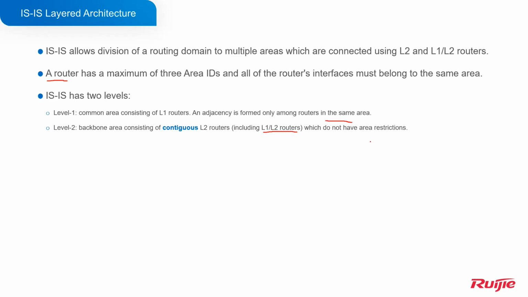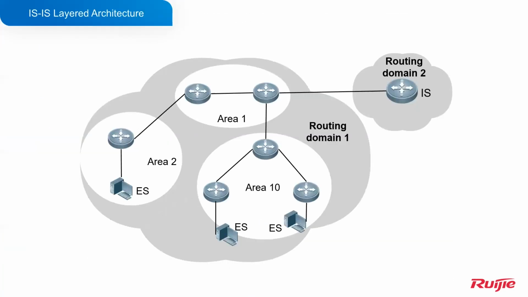So if you know the layer architecture, come back to the ISIS structure. For example, you already have routers, right? And all the routers we call IS, but now we give different levels to routers, like this router. If your router connects with different areas, this router must be level 2 or maybe level 1 and level 2. They can be the edge routers to connect with multiple areas, right?